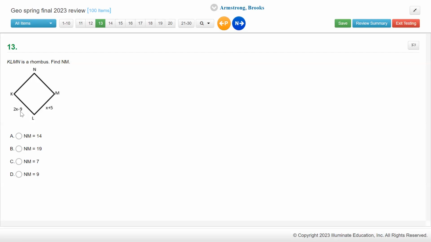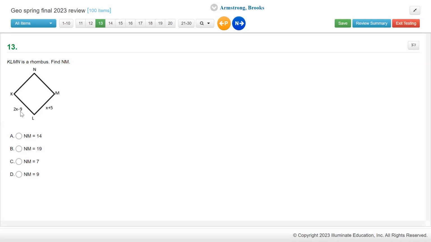Sorry, if I need to add 9 to both sides, yes, so that would give me 2x equals x plus 14. And then I subtract x from both sides, which would leave me with x equals 14, correct?